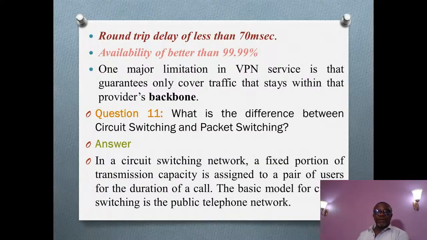The basic model for circuit switching is the public telephone network. If you take your telephone handset, the landline, you see that immediately you connect to the other person, that circuit is fixed between the two of you. We call it circuit switching.